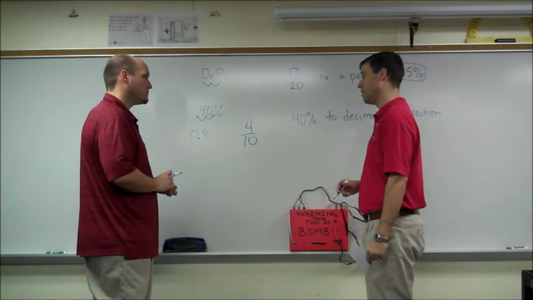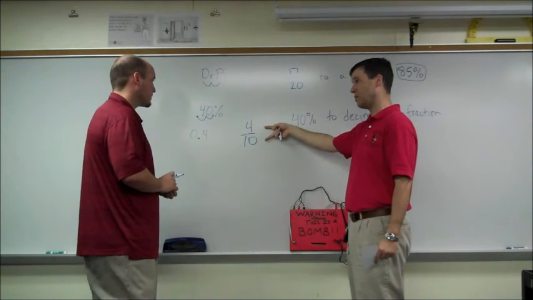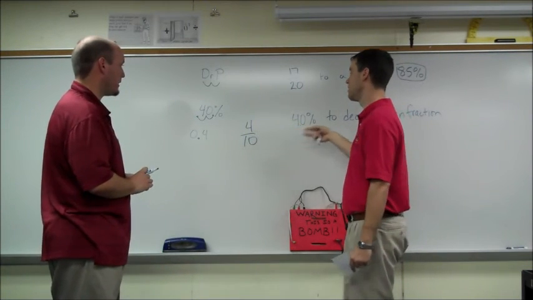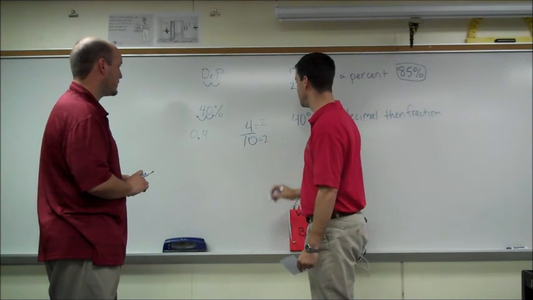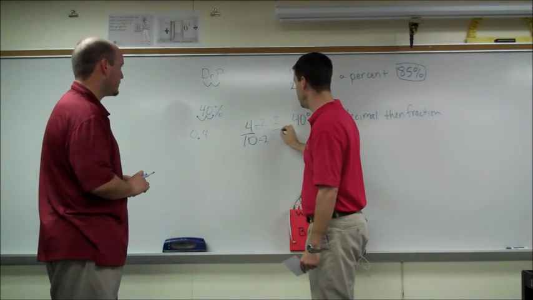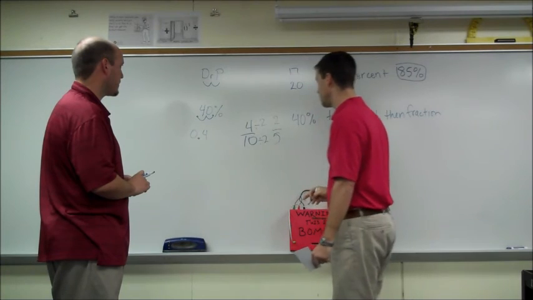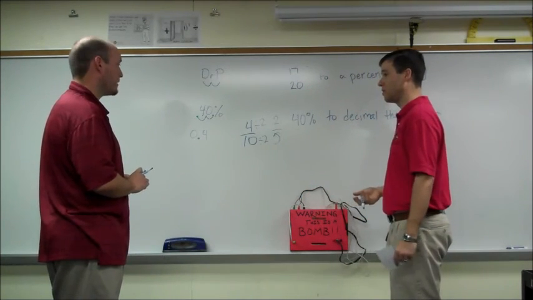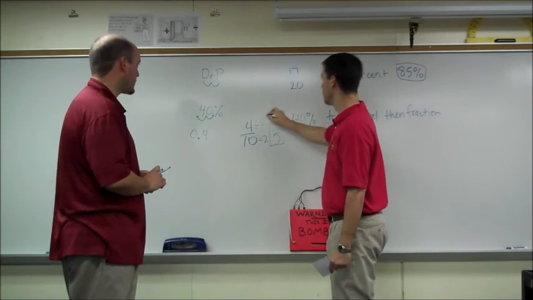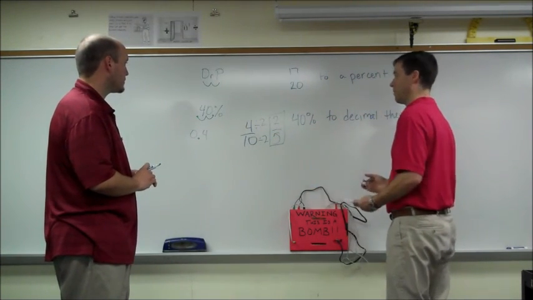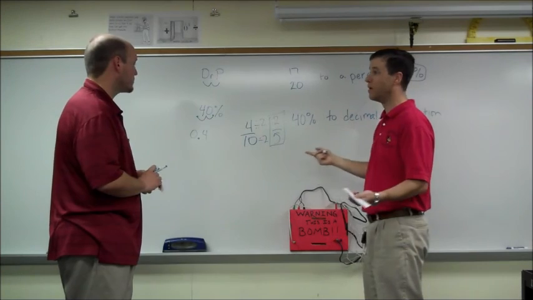I'm afraid it might, because these are both even numbers. That's true. That means they can both be divided by 2. Alright, so we better reduce this, divide by 2, and we have 2/5. Can I do any more reducing? I don't think so. I think 2 and 5 don't have any common factors, so that's our answer. They're both prime numbers. This is actually the only even prime number. It's kind of a cool one.